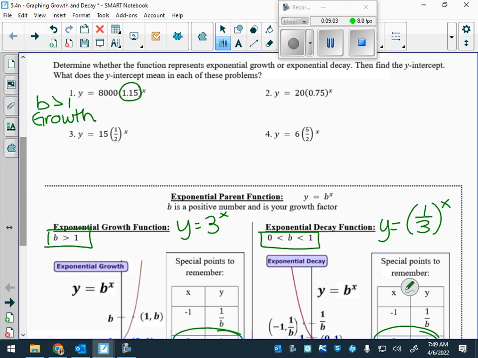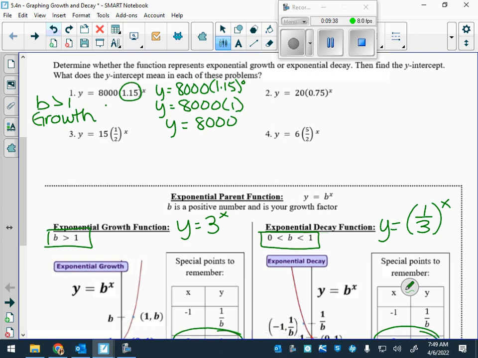Now, to find the y-intercept, we substitute 0 in for x. Well, 1.15 to the 0 power is what? 1. So then we have 8,000 times 1, which is just simply what? 8,000.